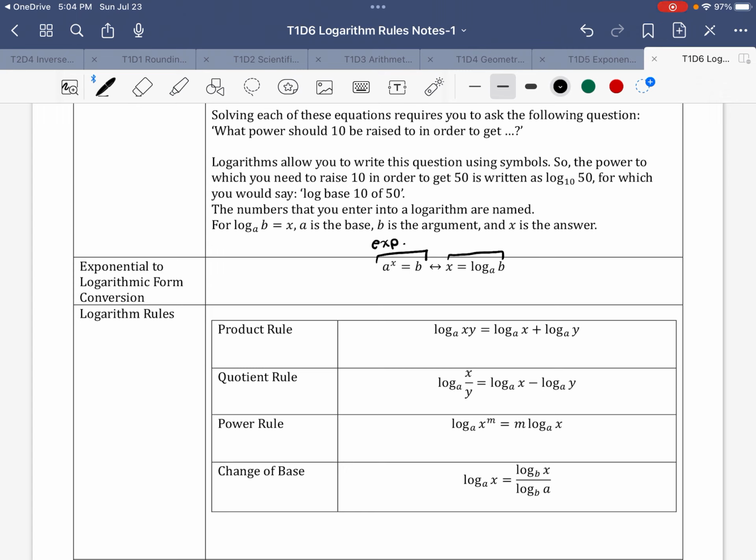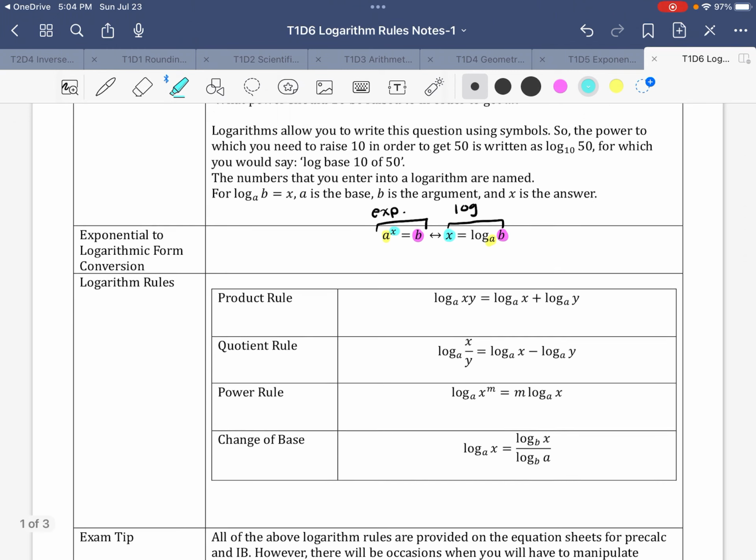And then the second one, where there is a logarithm, is our logarithmic form. What you'll see is a is always our base, b is the argument, and x is the answer.